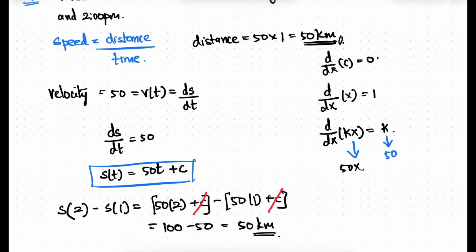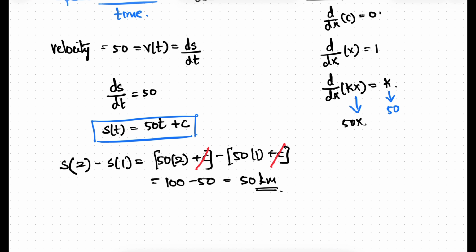So what we have done here is that we have used the definition of differential calculus and then tried to go back to the original function, which is technically finding the antiderivative of the function.